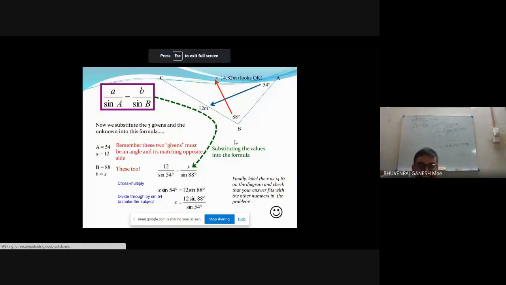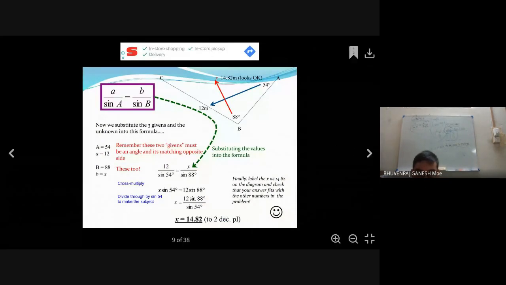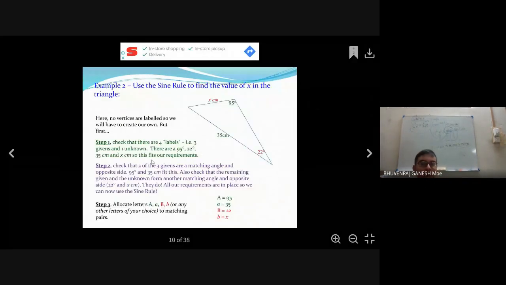Okay, so now we continue this one. This one is done. Next example, same thing. So, basic thing. This one you don't need to read, it's very lengthy. What we need to know is how to apply the rule. So x over sine 22 equals another pair of opposite side and angle, 35 over sine 95.